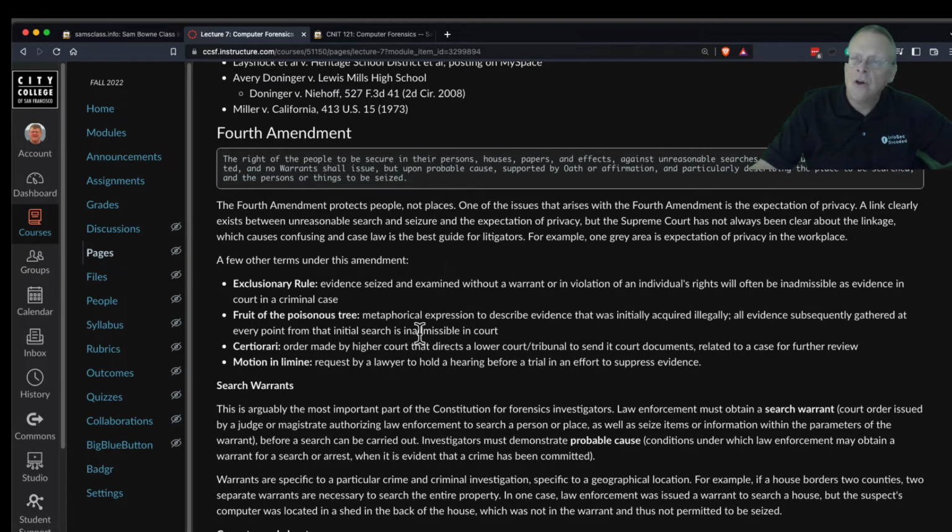There's also something called fruit of the poisonous tree. If you do something illegal, and then some other evidence comes as a result of that, that whole chain of evidence is forbidden in court. You did something illegal, and then other things resulted from that. So all of that evidence is now excluded.